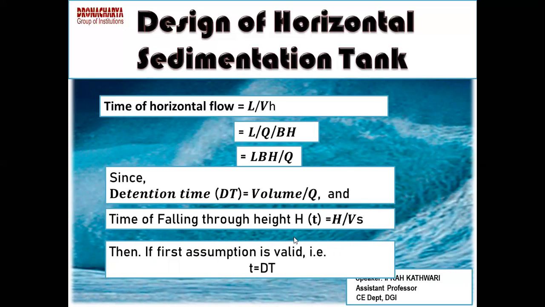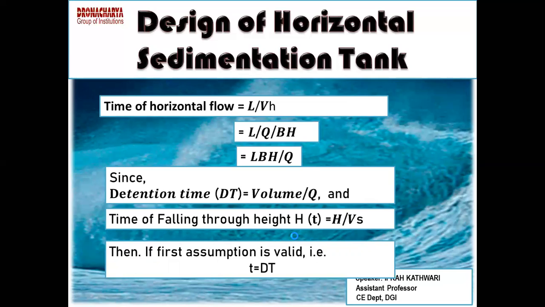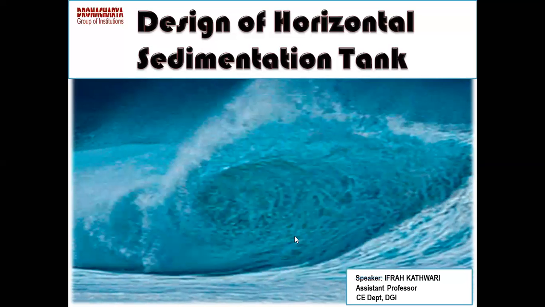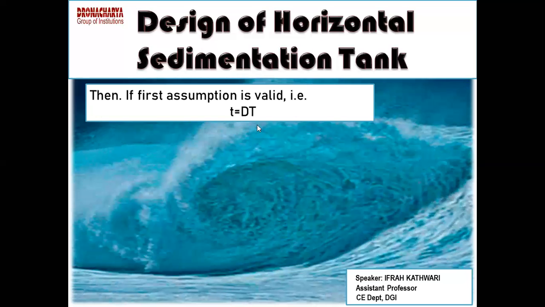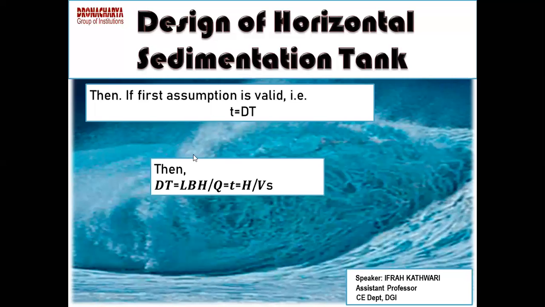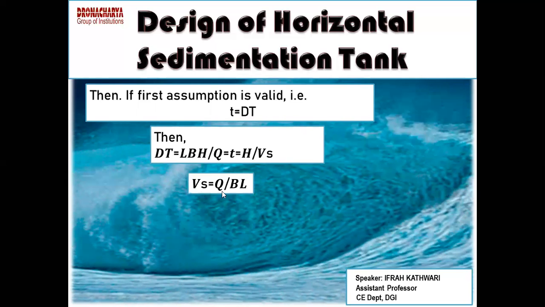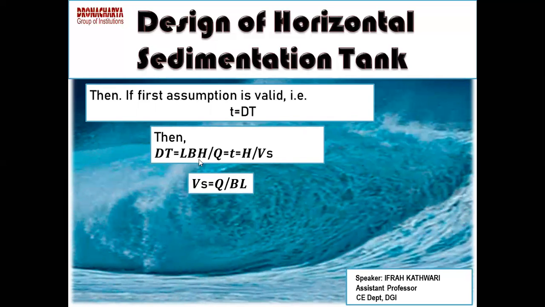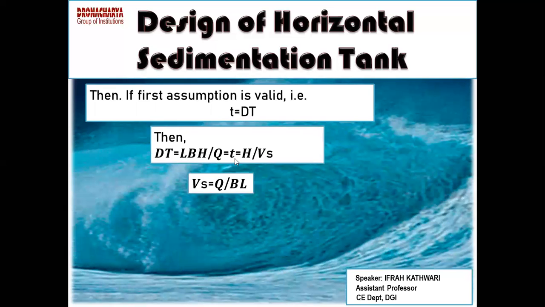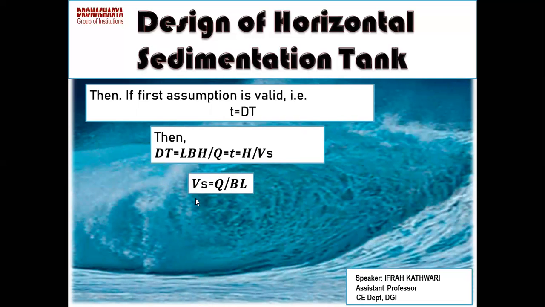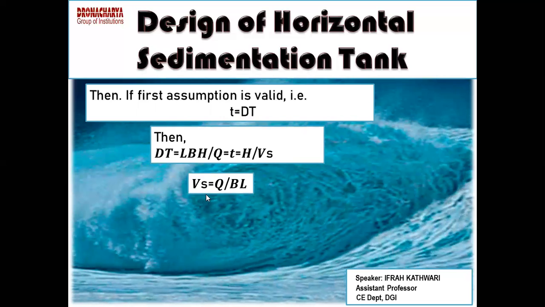So t is equal to DT. So DT is equal to LBH upon Q, and t is equal to h upon Vs, which is already discussed. Then Vs will be Q upon BL. See, DT and t are equal. If we equate both the equations, we will get the settling velocity. So settling velocity will be Q upon BL.